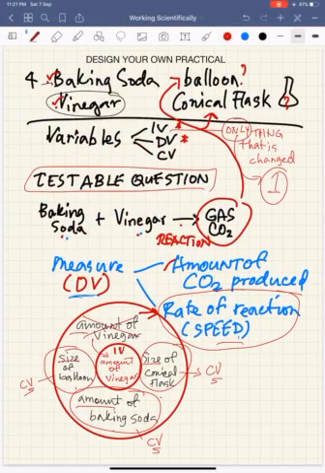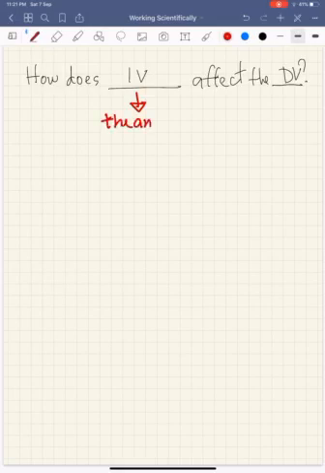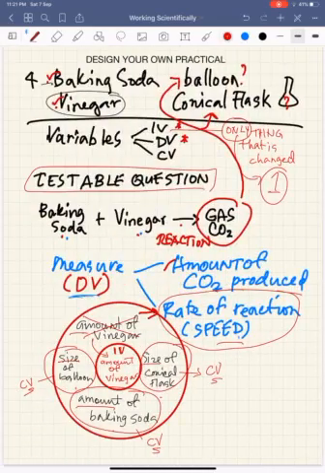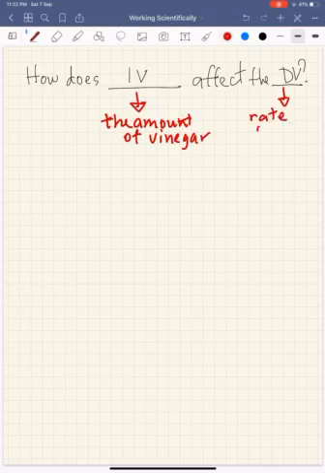Let's check. You chose amount of vinegar, so let's substitute the amount of vinegar. Now what is your DV? Let's check. You said you wanted to test the rate of reaction, so just substitute rate of reaction.